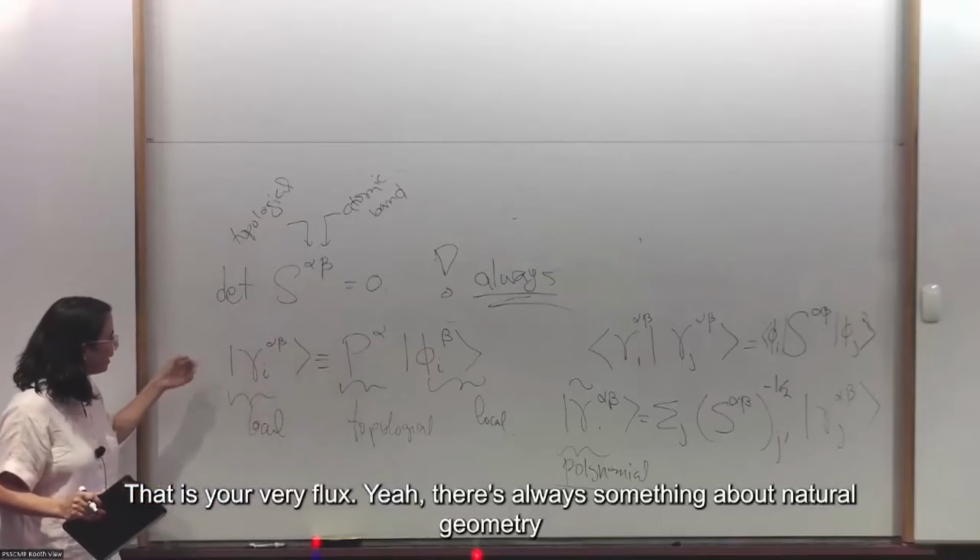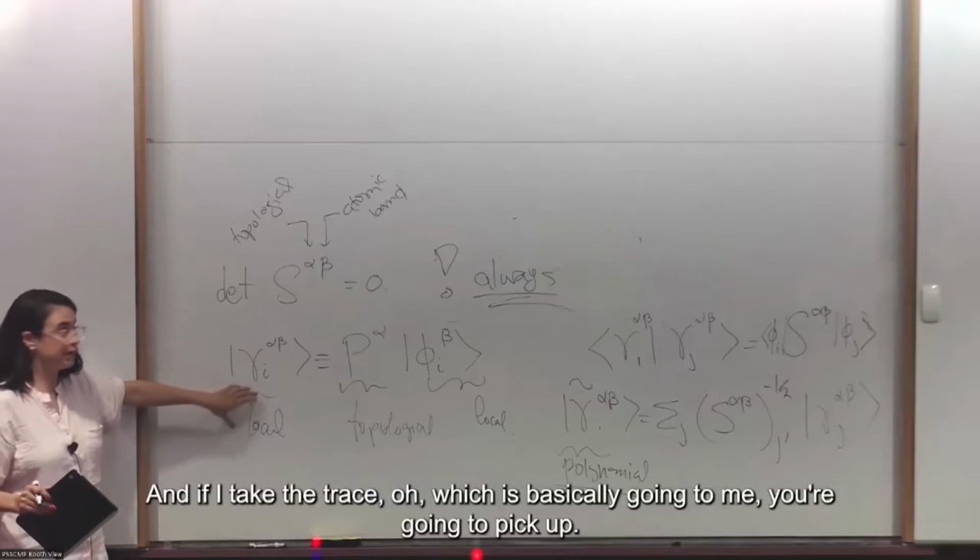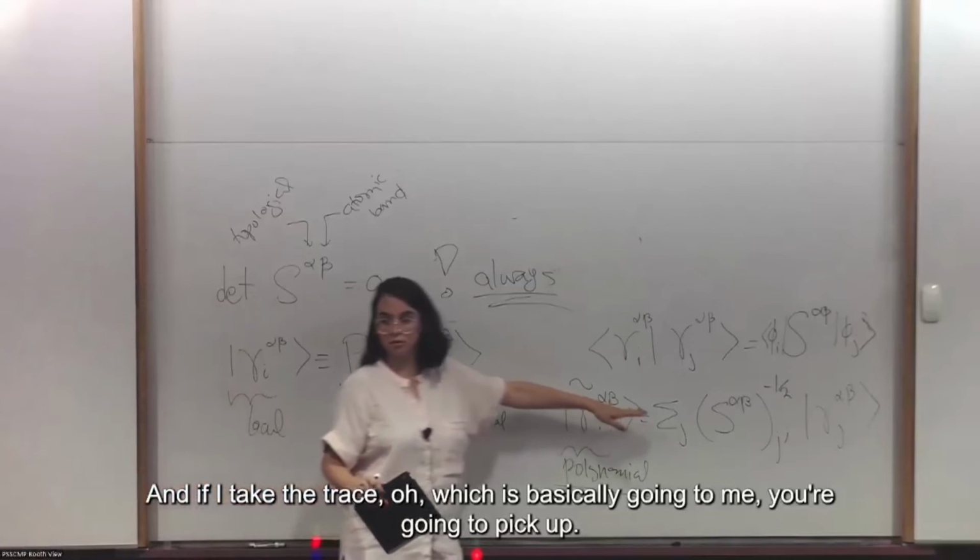So by this, what I mean is that you can definitely construct exponentially localized functions projected into the band. They're not necessarily going to be orthogonal to each other.